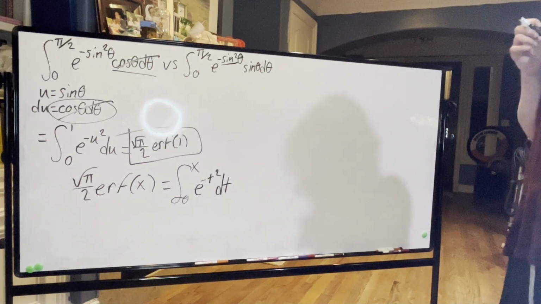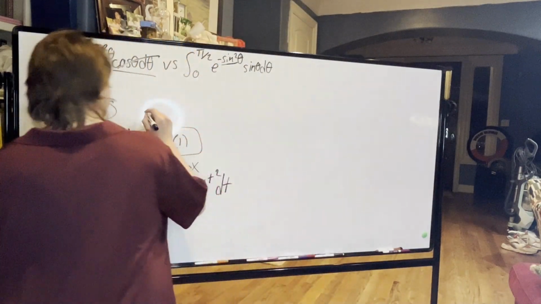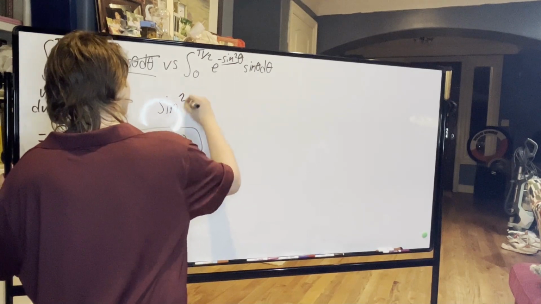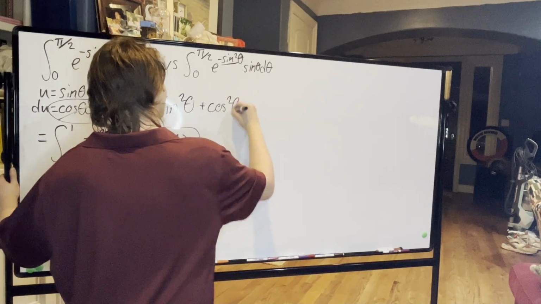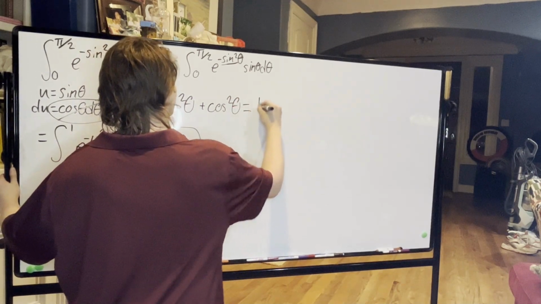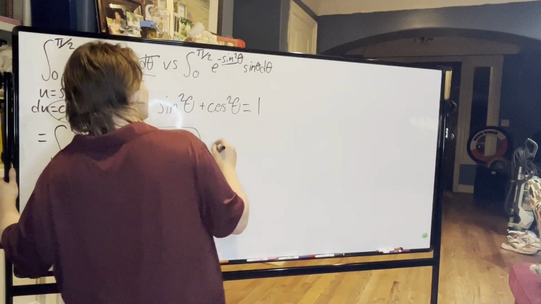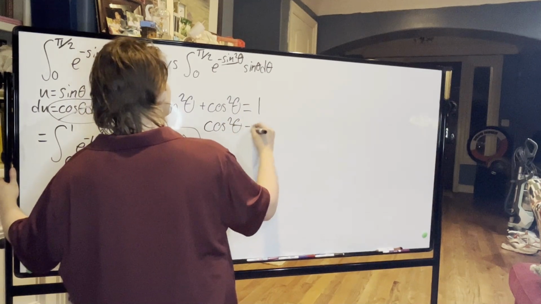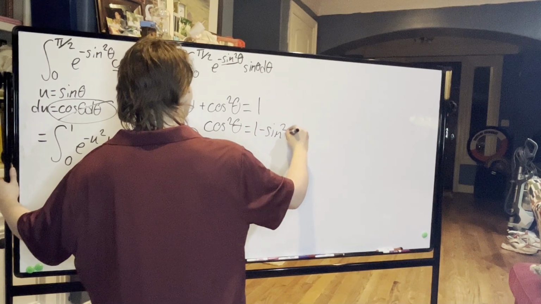Use the fundamental identity that you are all taught on your first day in trig. I haven't taken trig yet, but I think this is what you were taught. Sine squared theta plus cosine squared theta equals 1. Subtract sine squared from both sides of the equation, and you get cosine squared theta equals 1 minus sine squared theta. Alright, you should all know this.